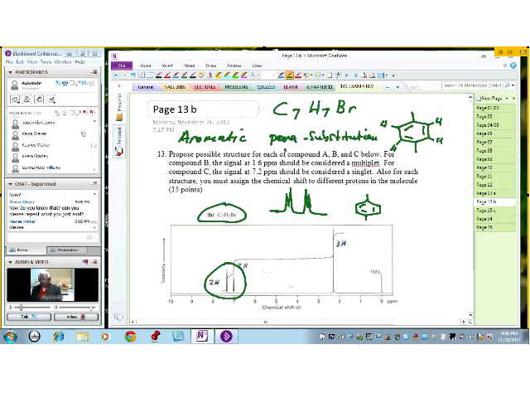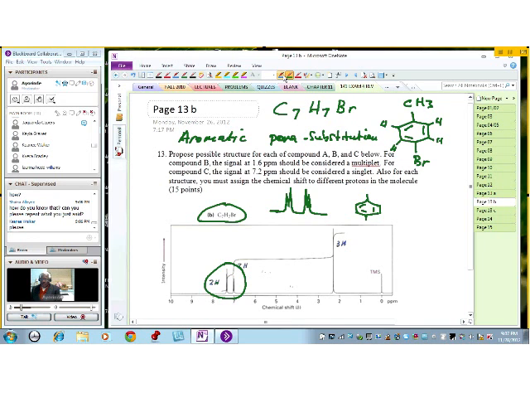Okay? At this point, our formula is C7H7Br. So far we have 6 carbon here, so that tells us we also have 3 hydrogen here. What that is telling you is that you must have a CH3 here, and since you also have bromine here, you must have bromine here.